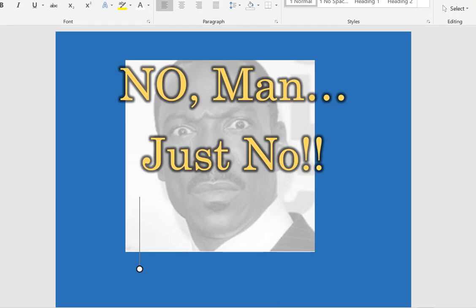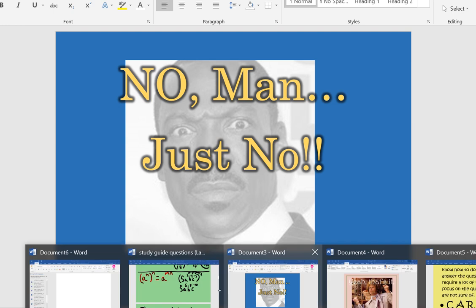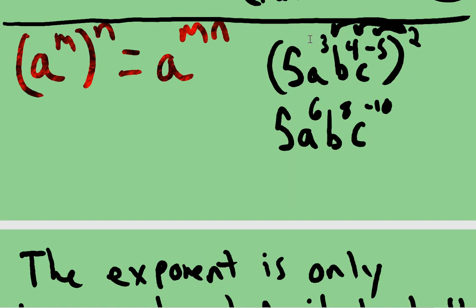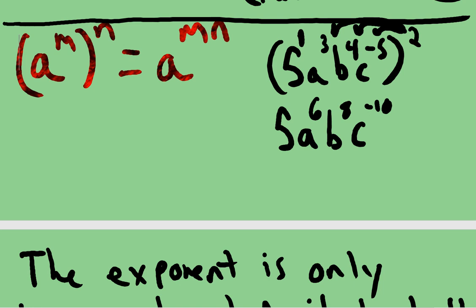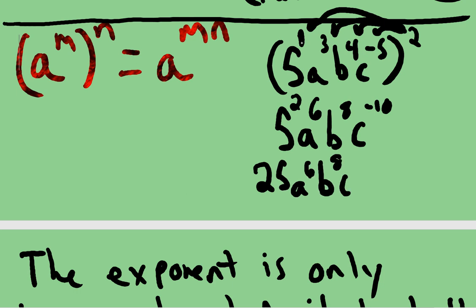No. I'm telling you, everything inside the parentheses gets an exponent. There is a 1 that's going right here with this 5. You have to distribute that 2. The 2 on the outside is talking to everything that's inside the parentheses. That means it's being applied to that 5 as well. 2 times 1 will give you 2. That's like saying 25, a to the 6th, b to the 8th, c to the negative 10.